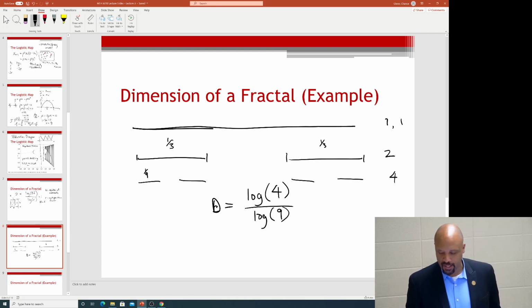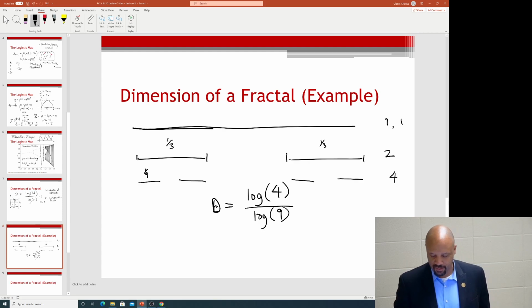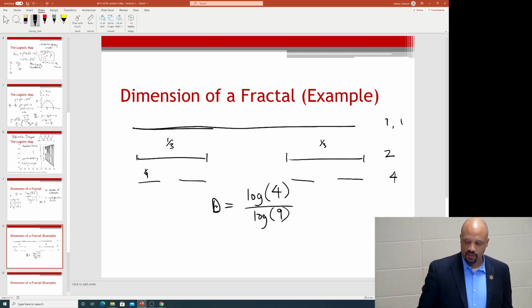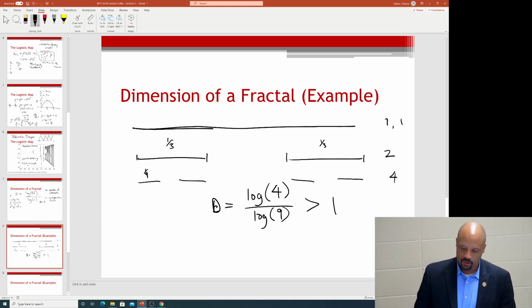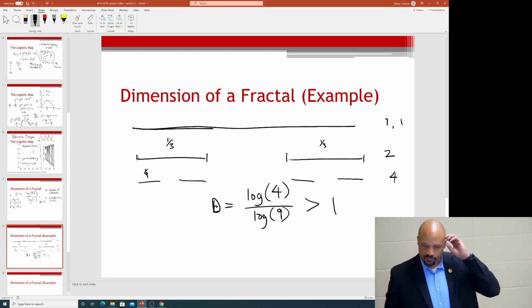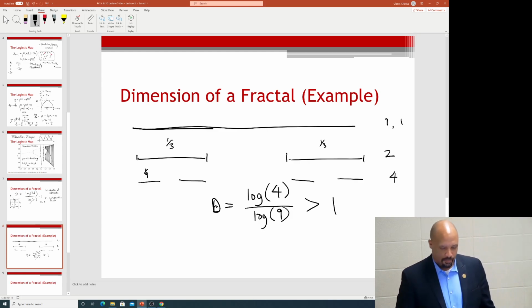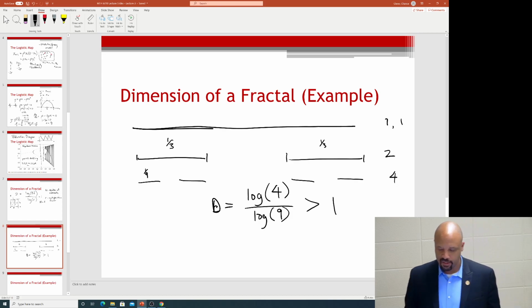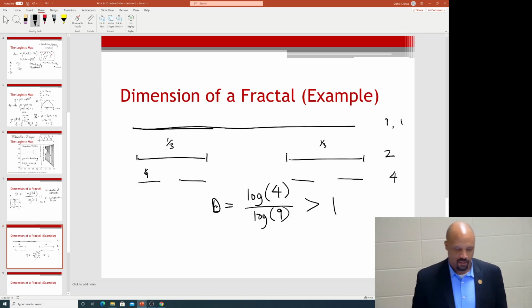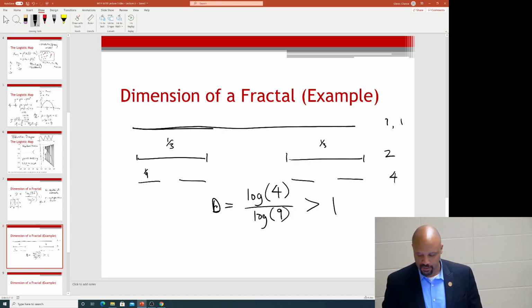You can see that the denominator is bigger than the numerator, so this is less than 1. So it's a fractional dimension. That's one example, and you can do this in just about any form or fashion. I'll have another example for you next time.